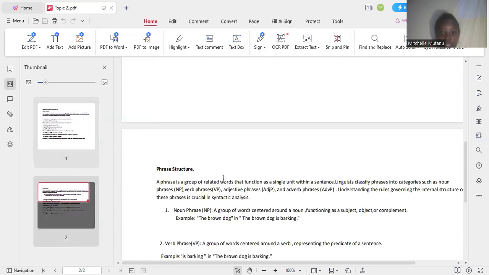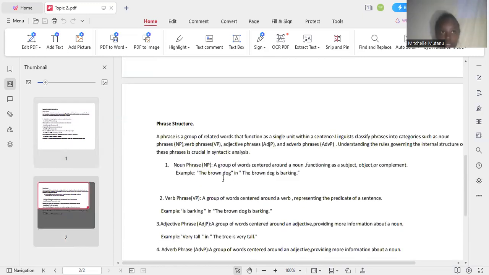Now let's look at phrase structure. A phrase is a group of related words that function as a single unit within a sentence.